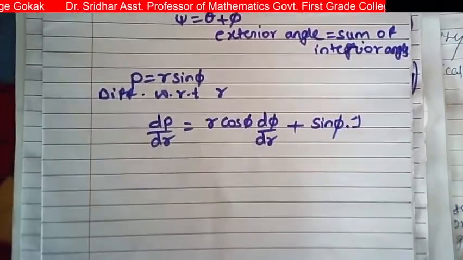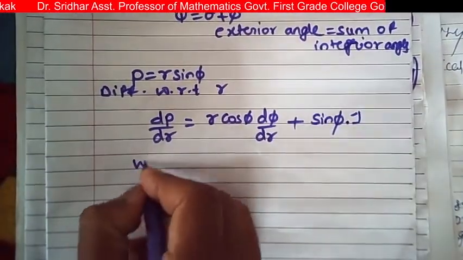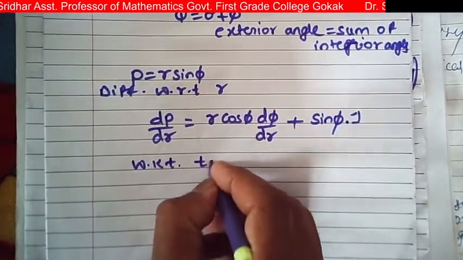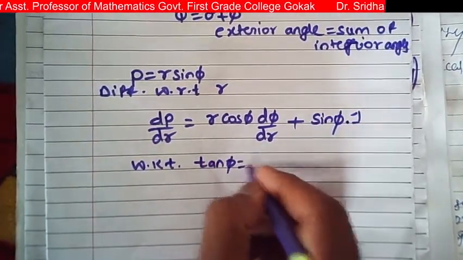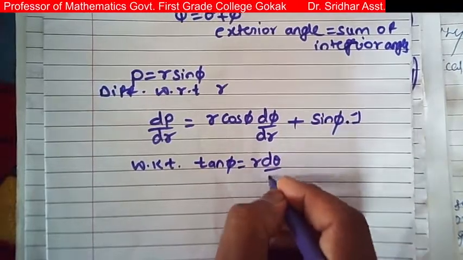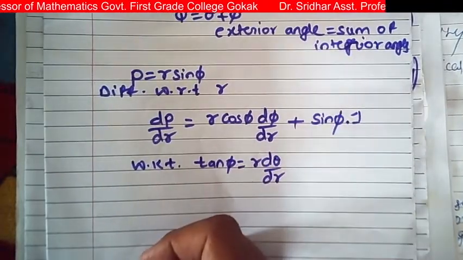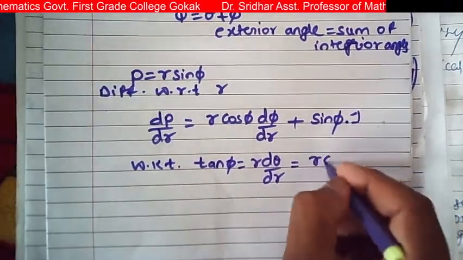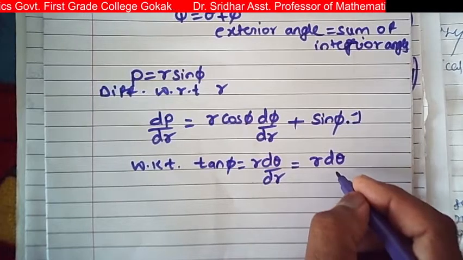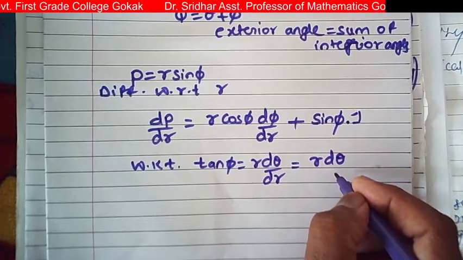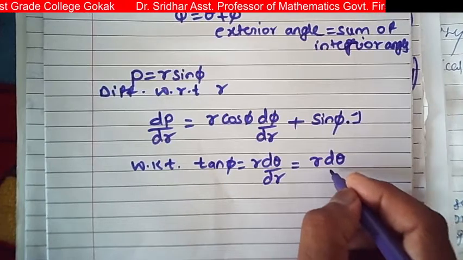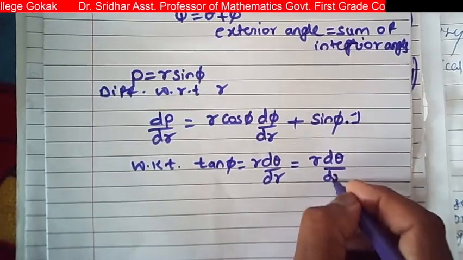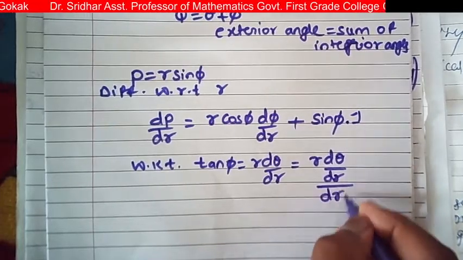From the angle between the radius vector and the tangent, we know that tan phi is r into d theta by dr. This can be written as r into d theta by dr, which is d theta by dr divided by dr by ds.